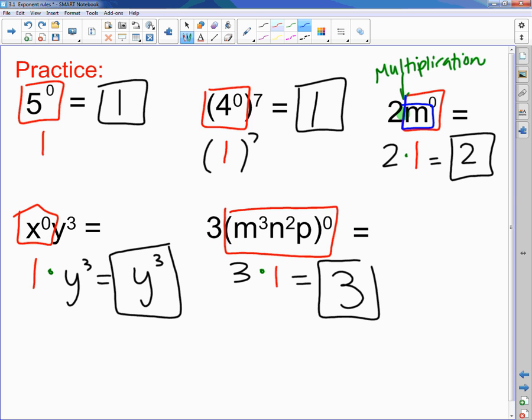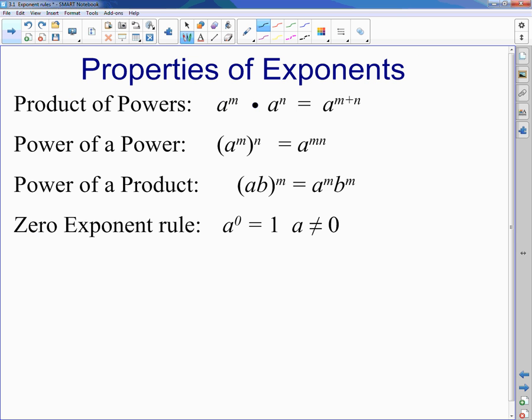So m is the only thing being raised to the 0, which means m to the 0 is worth 1. But this 2 is not being raised to the exponent, so it stays there. And again, the 2 was multiplying the m to the 0, so now the 2 is going to multiply the 1 to give us 2. Same thing happens for the bottom 2 problems, so just make sure you check and work through those really carefully.